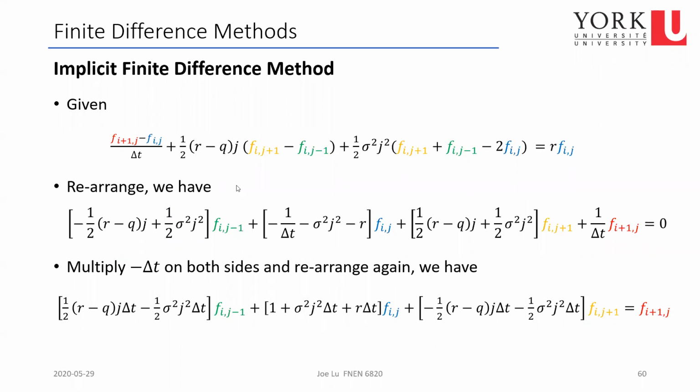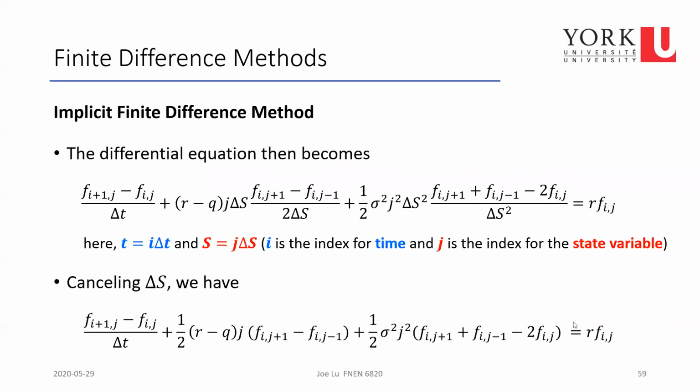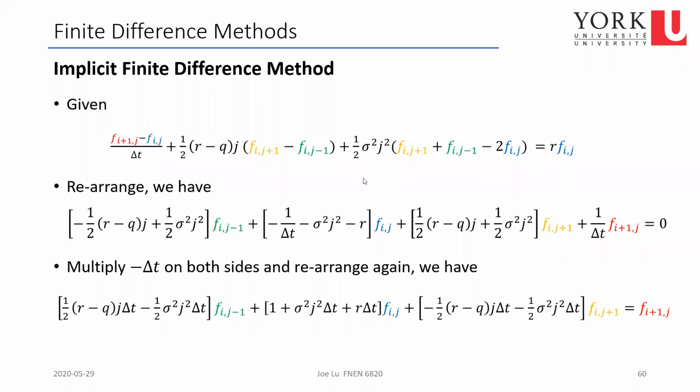You end up with this equation here. I color coded this equation, and you can take common factors out of it. For the factors of f i j minus 1, you will have this in front of them. You can do that for f i j, f i j plus 1, and f i plus 1 j.